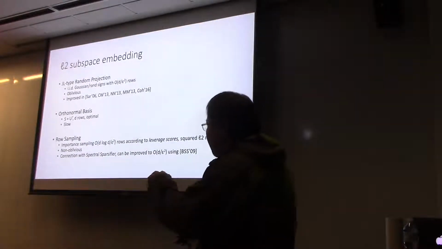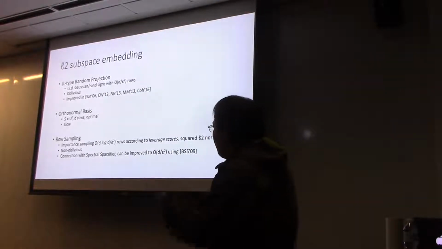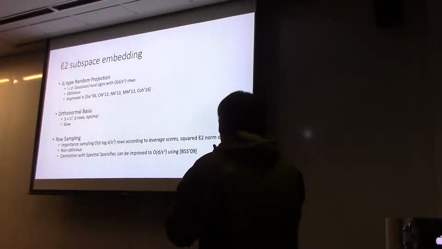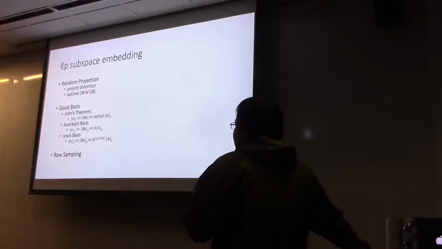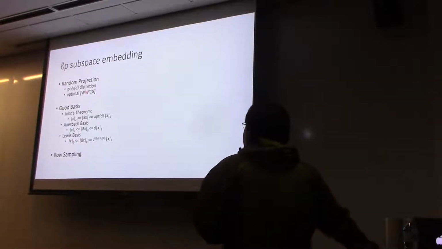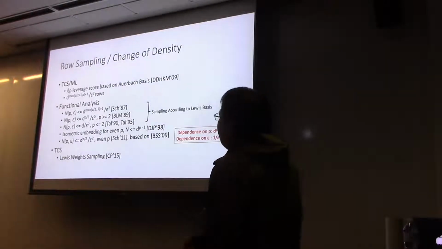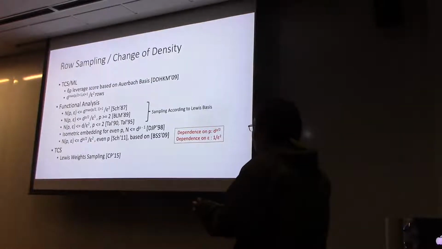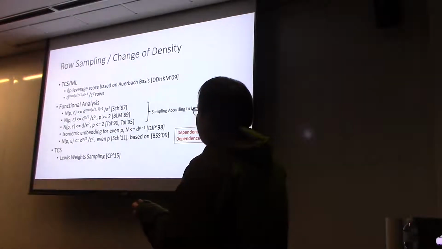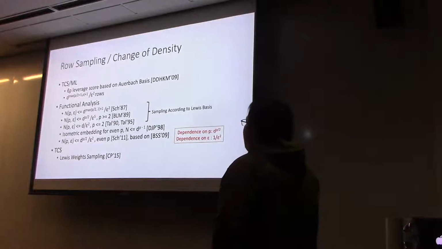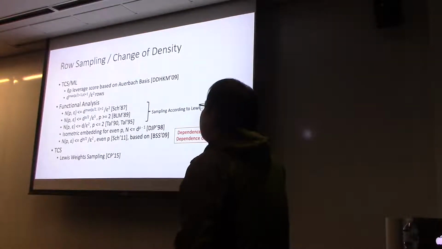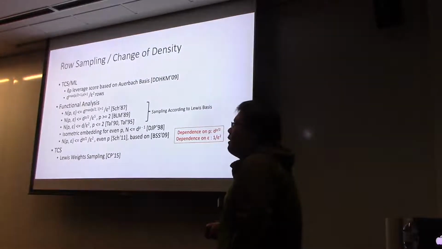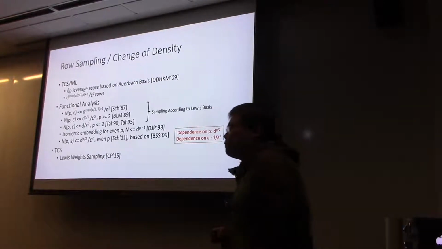These scores measure the importance of each coordinate's contribution to the L2 norm. Inspired by this approach, and using another basis, this Auerbach basis, we can use the norm of each row of the Auerbach basis as something called LP leverage scores to do importance sampling. They show that if you sample this number of rows, a little bit messy, then you can get a (1 plus or minus epsilon) subspace embedding.